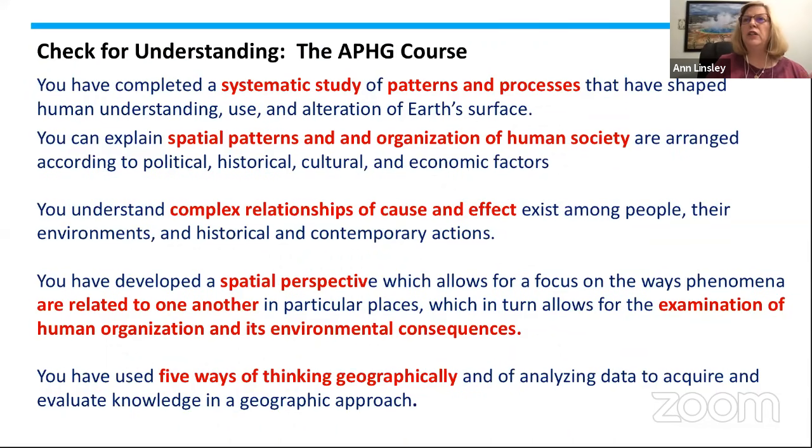All right, so if we look at checking for our understanding of this entire course, a systematic study of patterns and processes of how human society is organized and looking at the complex relationships of cause and effect, this spatial perspective and how it relates to one another, between places, within places, cause and effect of events and actions by people and by non-entities within a place, to look at human organization and environmental consequences.